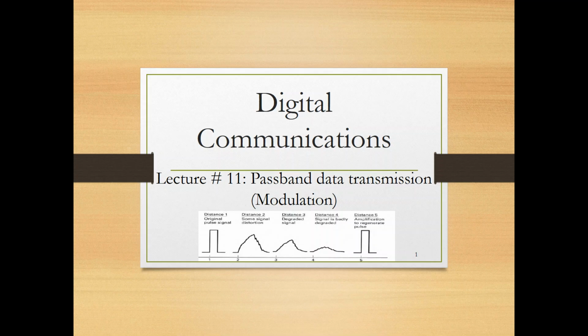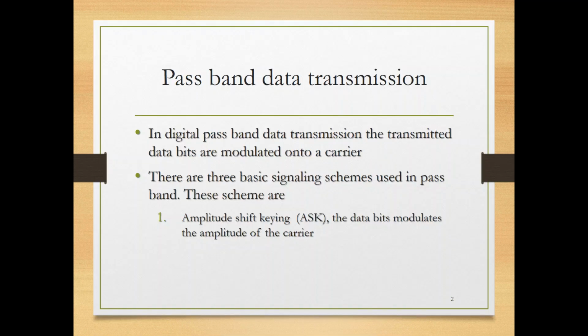In today's lecture we will be talking about passband data transmission, basically modulation: how to transmit your data over a wireless channel. We all know that in order to transmit your data over a wireless channel, you cannot send the data bits that are generated by your computer immediately through the wireless channel.